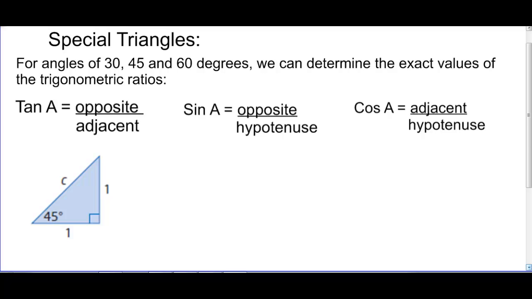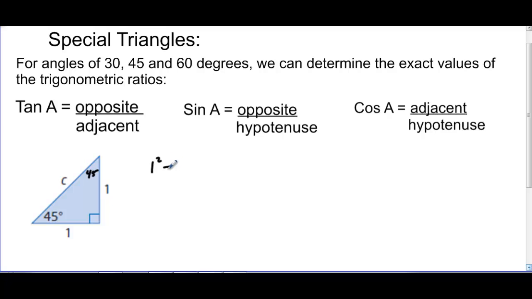So the first one we're going to look at is going to be the 45, 45, 90 triangle. If I have a triangle that has an angle of 45 degrees, I know that the other angle must be 45 degrees, making it an isosceles triangle. If I assign a side length for the opposite of 1, that means that the other side must also be 1. We can calculate the hypotenuse using Pythagoras' theorem.